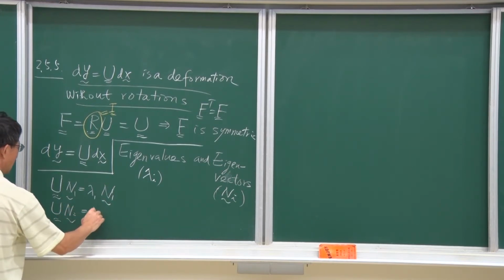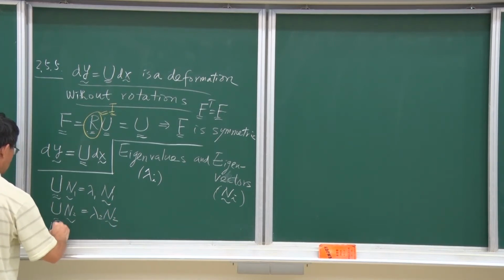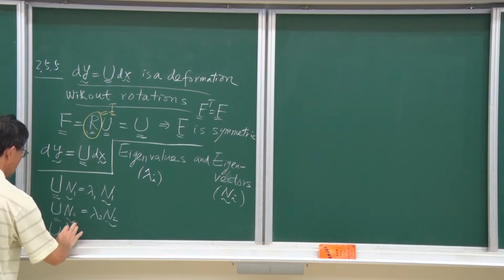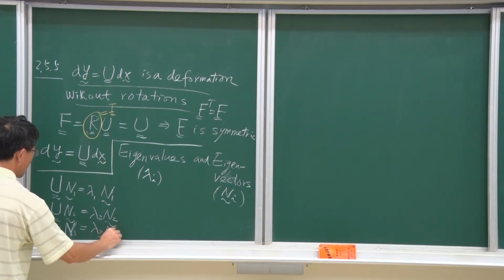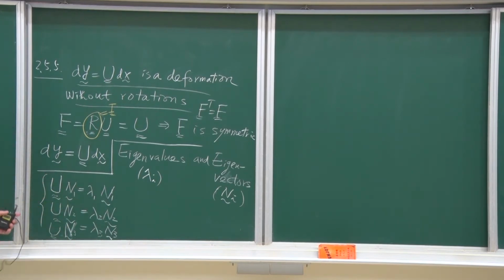We have also another N3. Okay, we have 3 eigenvectors and 3 eigenvalues.